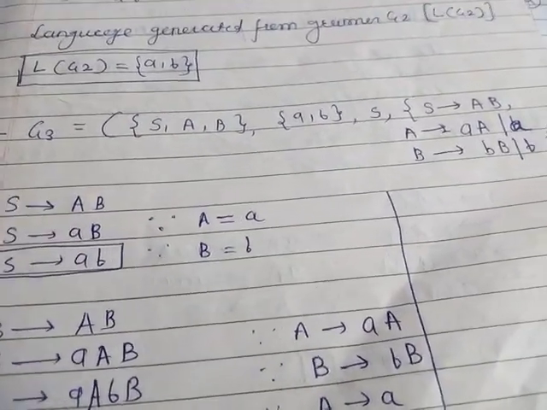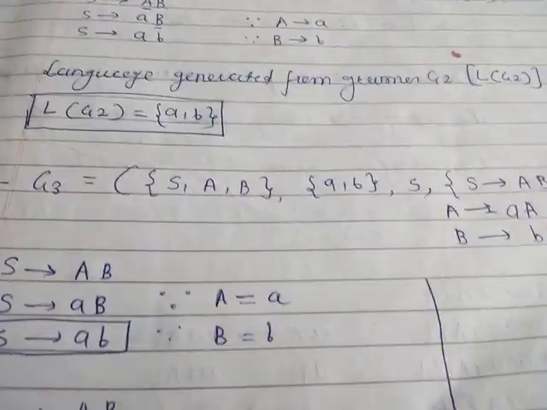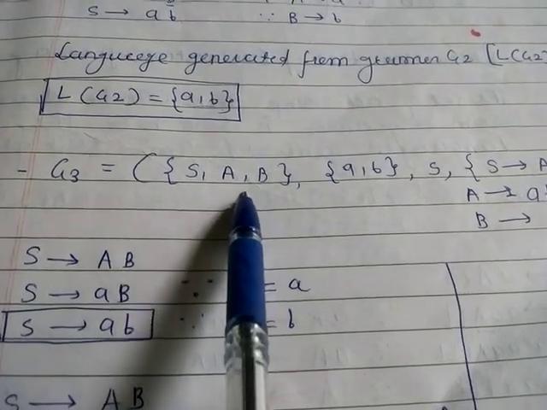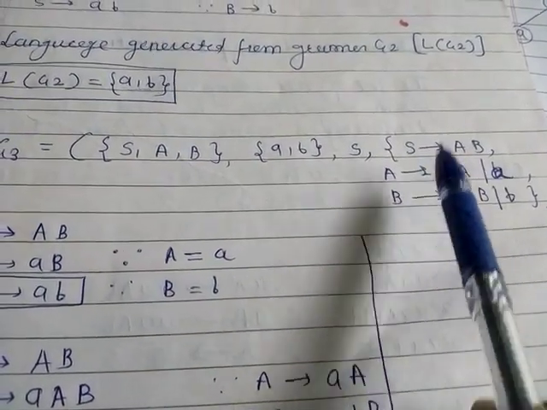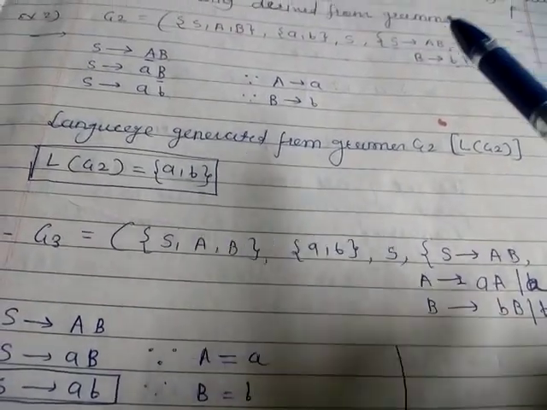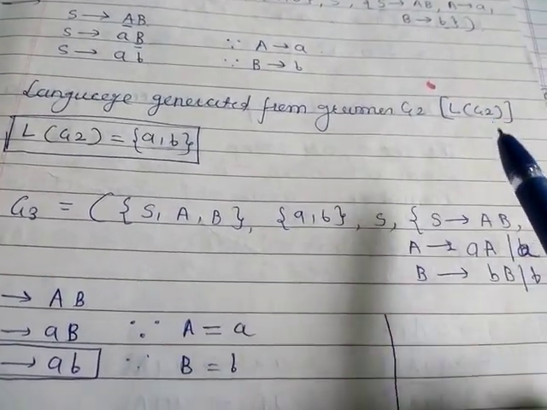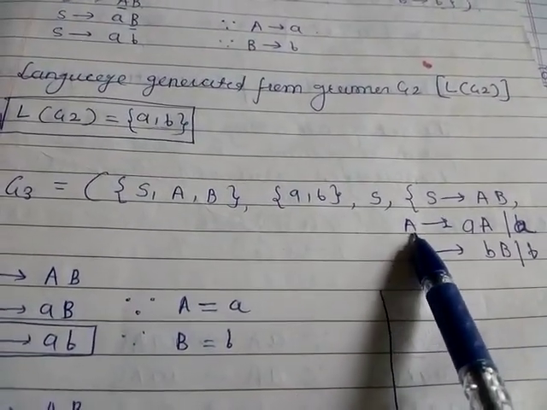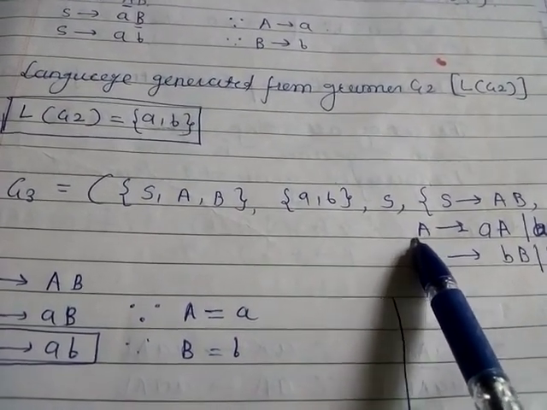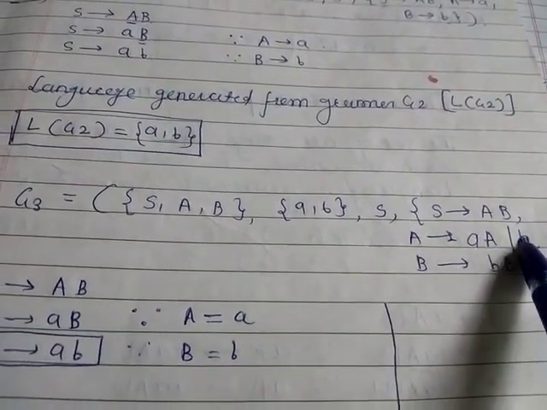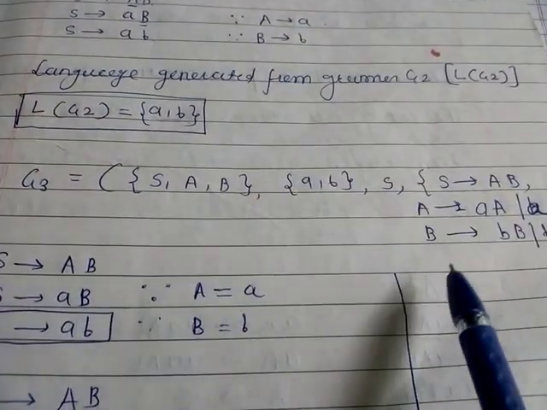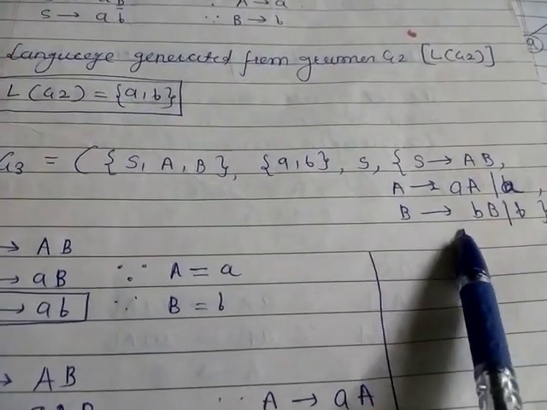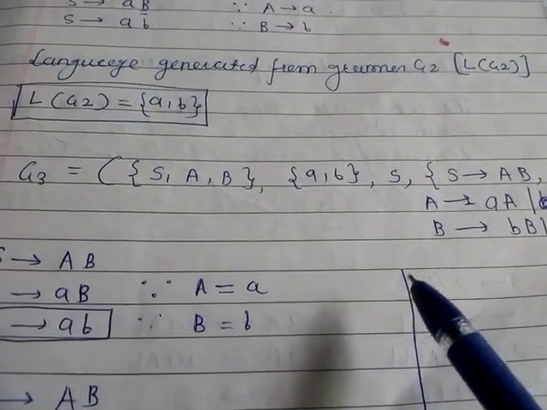So next example. These are the non-terminal symbols, terminal symbols, and this is the production rule. The difference between this production rule and the previous one is that here, for a single A, two values are present, whereas there, for A a single value was present. It means that by using this production rule we can generate multiple languages or multiple strings.